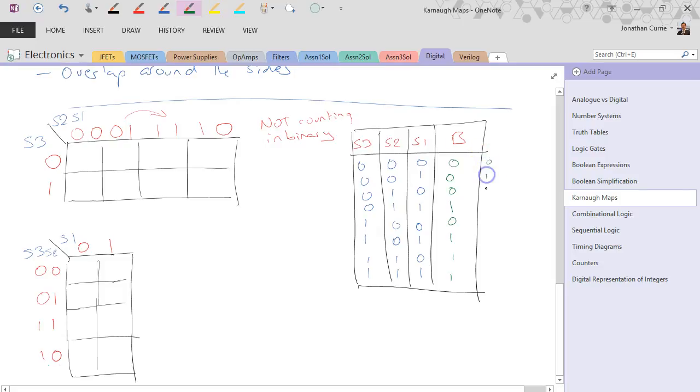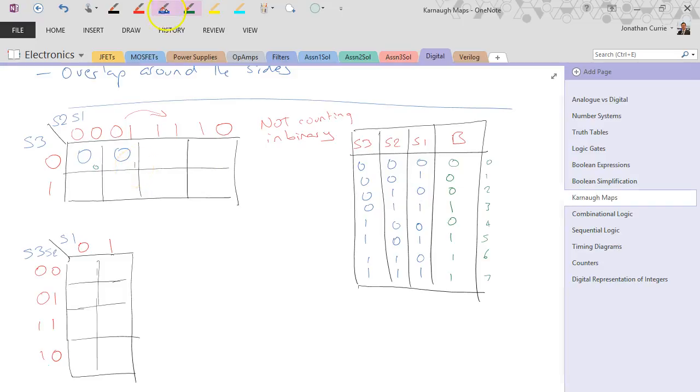Filling these in, if I was to label them again, my 8 rows, I would be filling them in by going 0 there. So S3 is 0, S2 is 0, S1 is 0, we're in here. S3 is 0, S2 is 0, S1 is 1, we're in here, and that would give us that one. Note that we then jump. So we've now got a 1 here because we're in row 3. You can't just read down the table and fill this in because of that change in the way we have constructed the truth table versus the K-map.